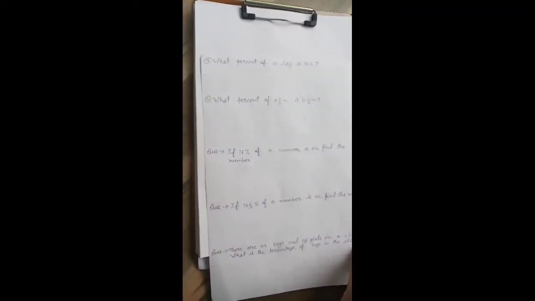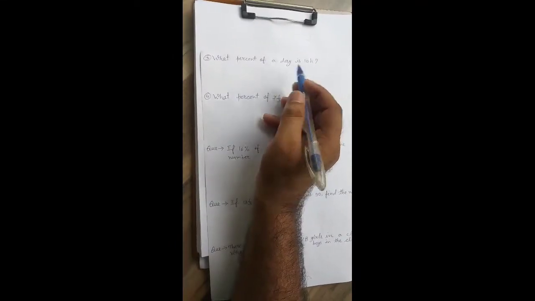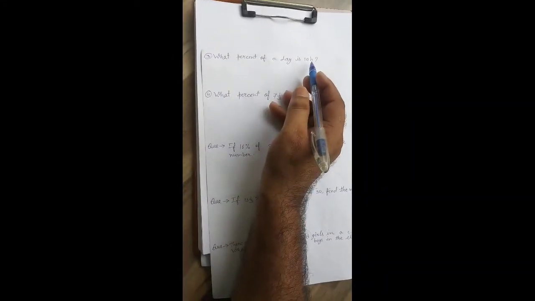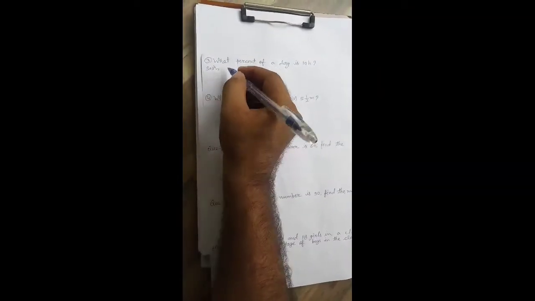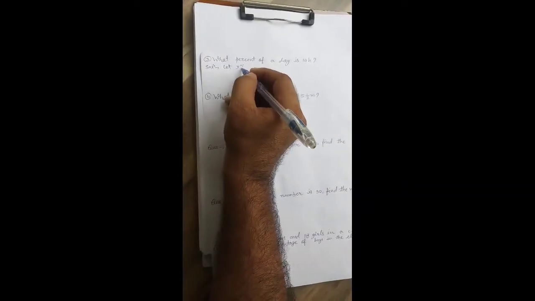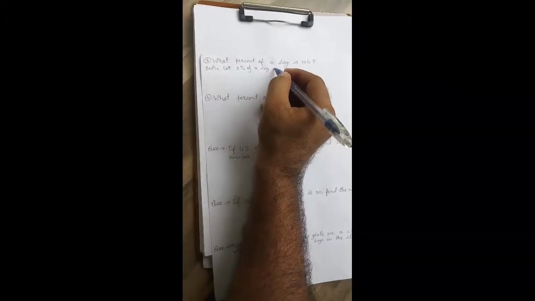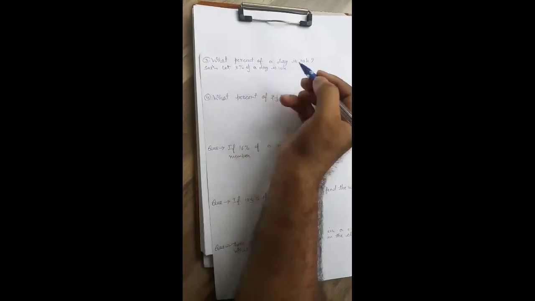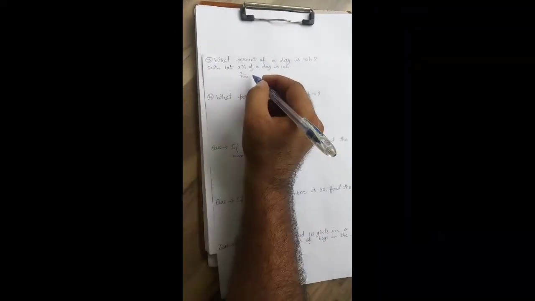See here. What percent of a day is 10 hours? Again the process is same. Let x percent of a day is 10 hours. Okay. So x percent means x upon 100.